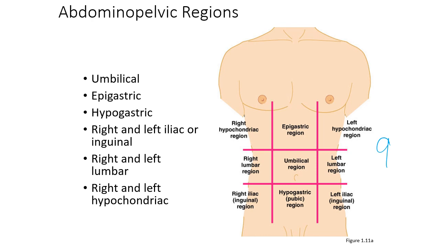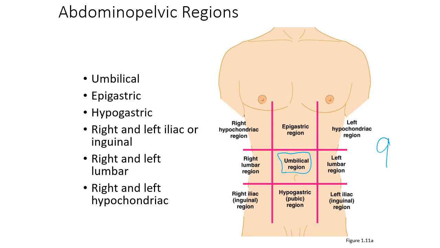So starting out in the umbilical region, right in the center, and then we're going to move up and below the stomach. So we have our epigastric and hypogastric regions. We're just below the diaphragm. So we have our left and our right hypochondriacs. And then below that, we have our lumbars, right and the left. And then we have the iliac or inguinal regions.